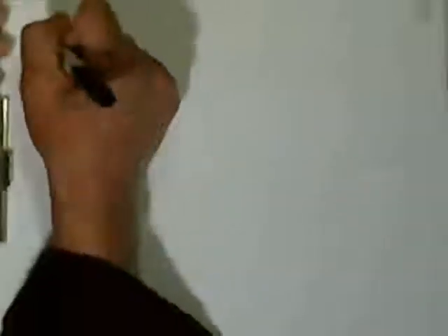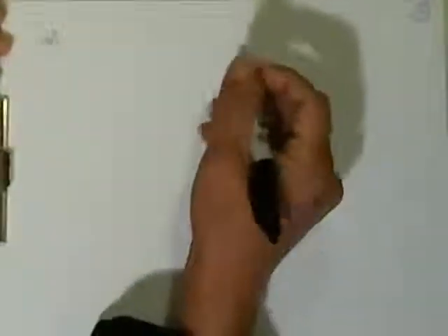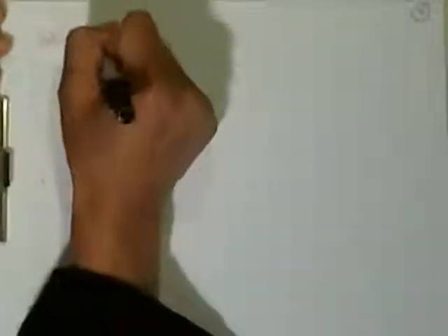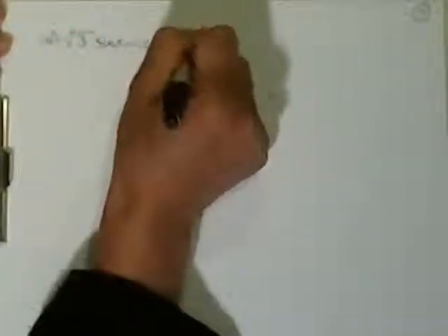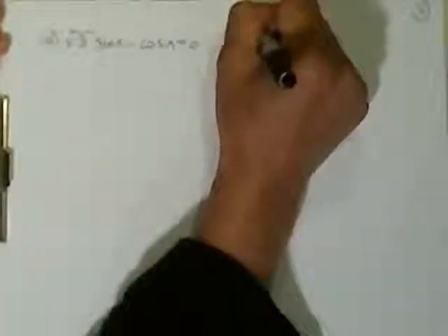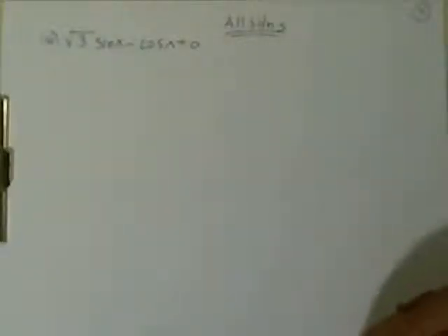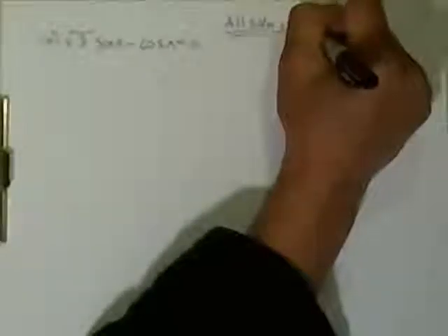Let's do number 14. It says radical 3 sine of x minus cosine of x is equal to 0. It says find all solutions. This time, you're going to use radians.